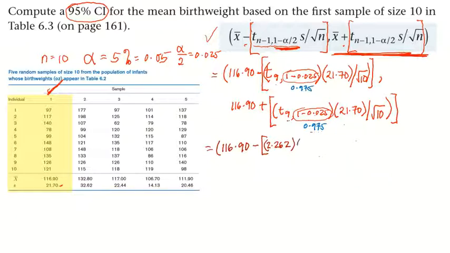And then we multiply that with the standard deviation, 21.70. And then we divide by the square root of the number of samples. That's our left side. Okay, and for our right side, we have 116.90 plus, so the same values, 2.262 times 21.7 divided by the square root of 10.